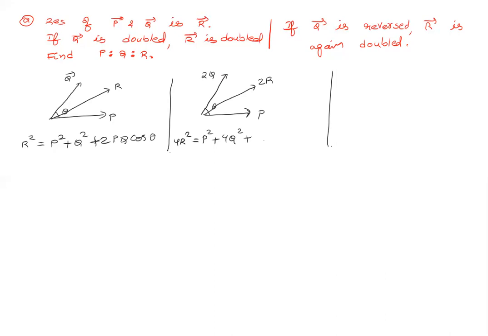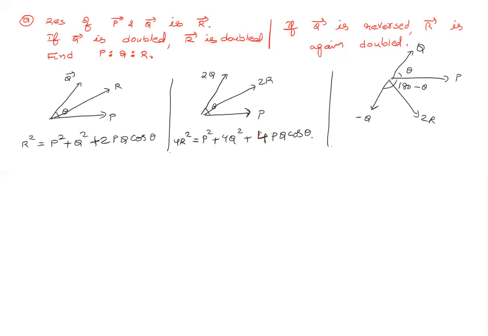So that will give you 4pq cos theta. And in the next case, if this is p, the reverse of q is minus q. If this angle is theta, this is 180 minus theta. Your resultant is 2r, your angle is 180 minus theta.